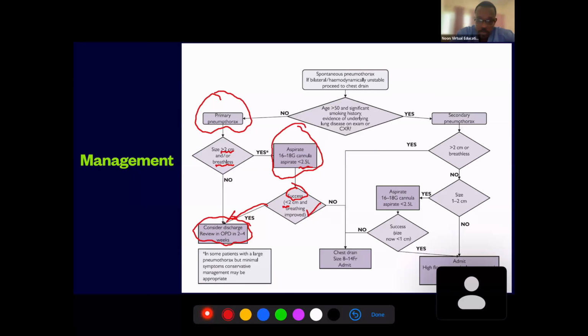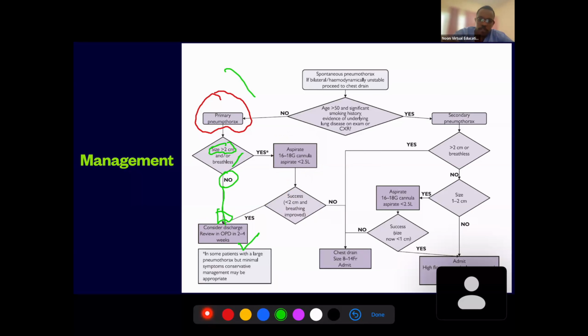For example, going back: the size of the pneumothorax is less than 2 centimeters and the patient is not symptomatic. You will go directly, discharge the patient, and give OPD follow-up.